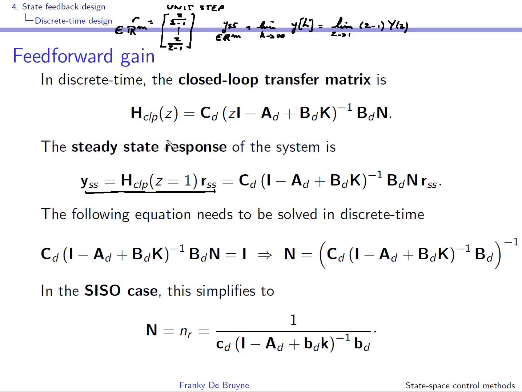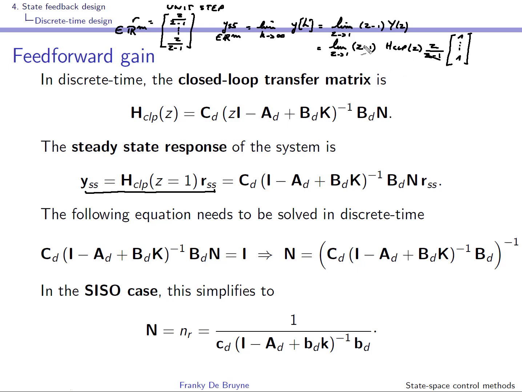And y of z in this case is the closed loop transfer matrix times this set point signal. So we have the limit when z is tending to 1 of (z minus 1) times the closed loop transfer matrix, right? And this one we'll rewrite differently. We'll rewrite it like this, and here we have this vector composed of m ones in the vector, right?